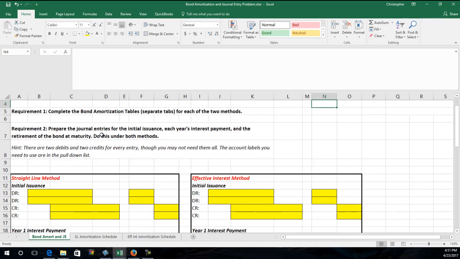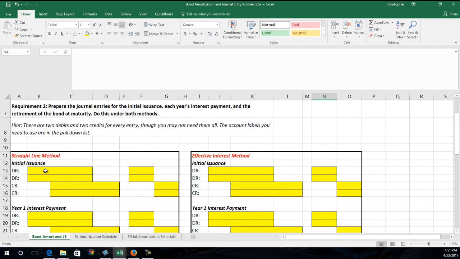Now requirement 2, fortunately, is easy after you've done the amortization schedules. The initial issuance of the bond, it's going to be a debit to cash because we're increasing cash. We received cash. There's a credit to bonds payable, but there's also a credit to premium on bonds payable as well.